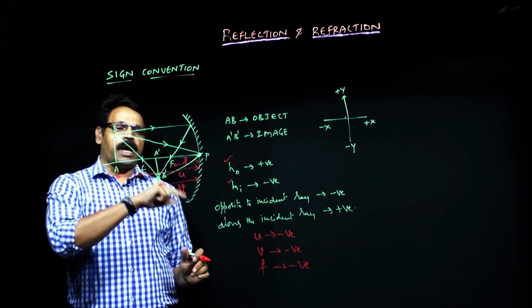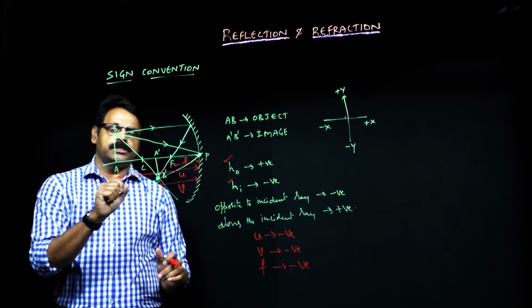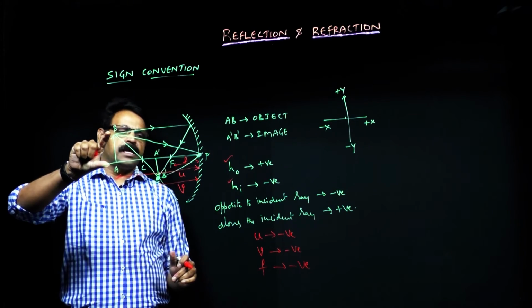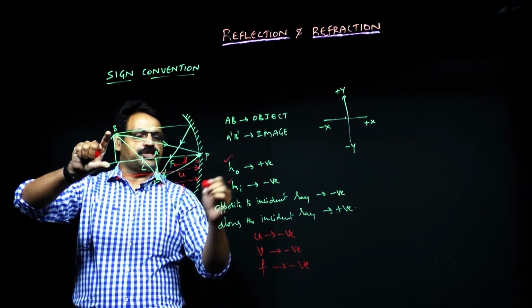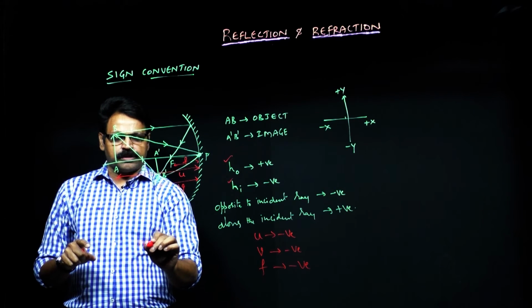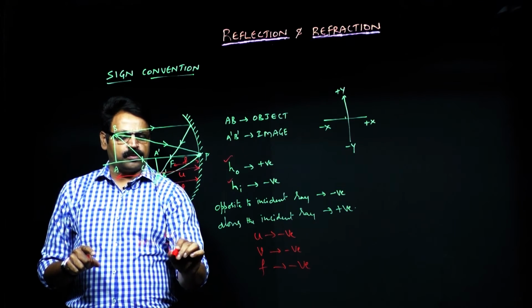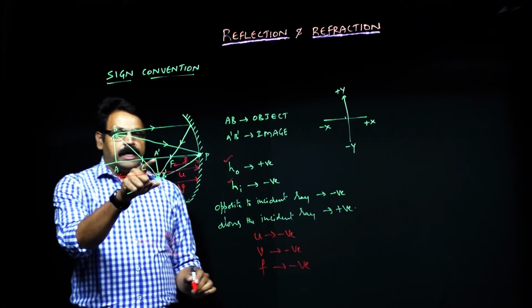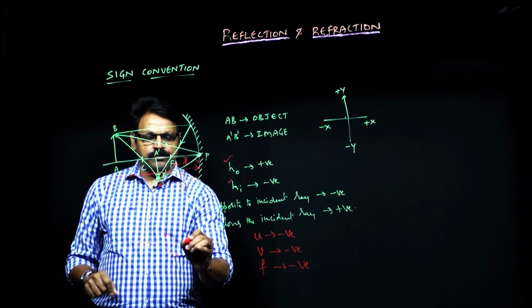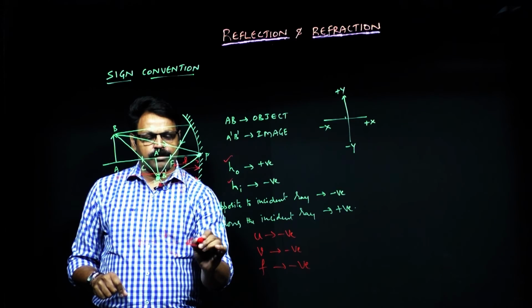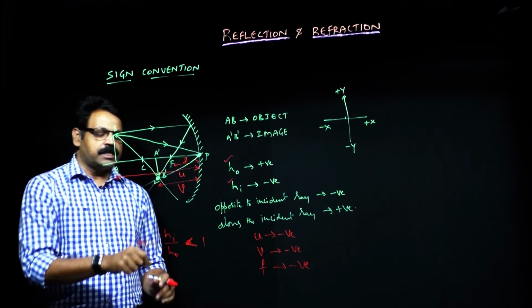Now look at the magnification. Here magnification is going to be less than 1, because the size of AB is this much. HO is greater than HI, and magnification comes out to be HI by HO, negative. And negative, it will become positive. Therefore, you are getting less than 1. So magnification is going to be less than 1.